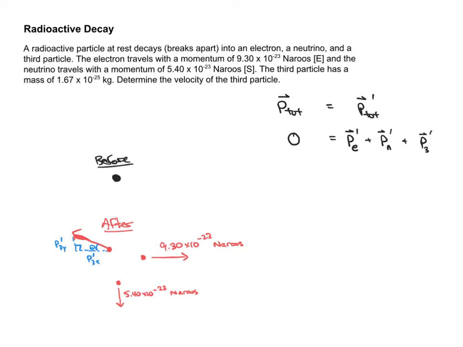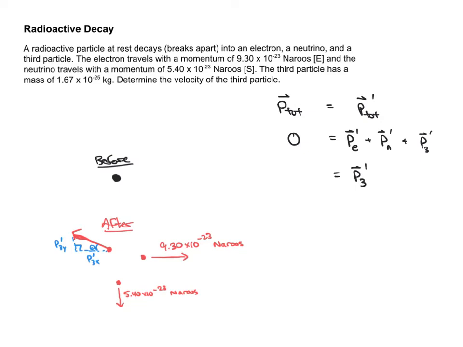Or the second approach, which I'm going to do, is to actually just use vector addition or vector subtraction and use a calculator there. So if I look at the conservation of momentum algebra here, what if I rearrange this for P3?